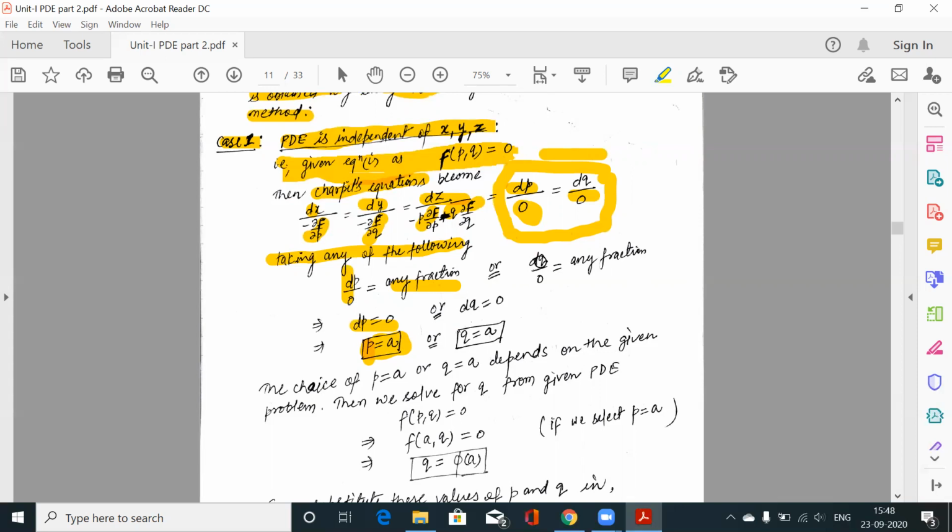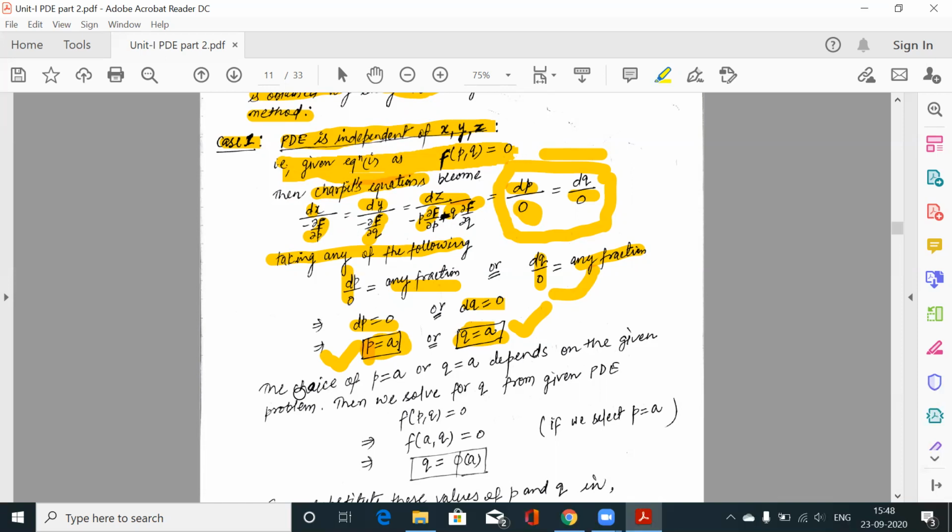Similarly, if we take dq over 0 equal to any fraction, this 0 would go on this side, so dq is equal to 0, and on integration we get q equal to one arbitrary constant. So we can use either this or this, because in Charpit method, after solving one pair, we get one relation in p and q, and that relation with the given equation, we solve for p and q values in terms of x, y, z, then we integrate.